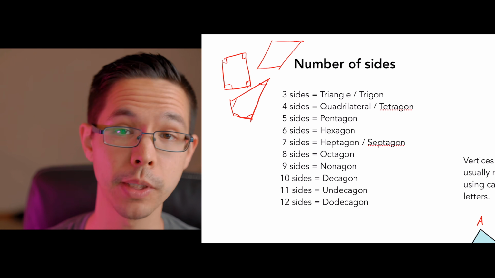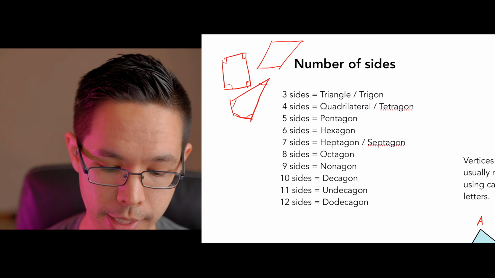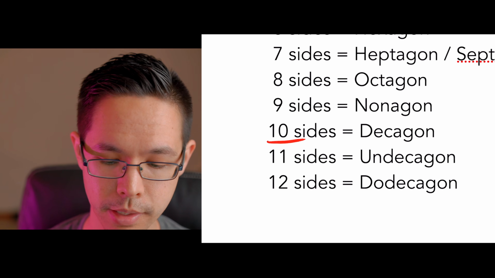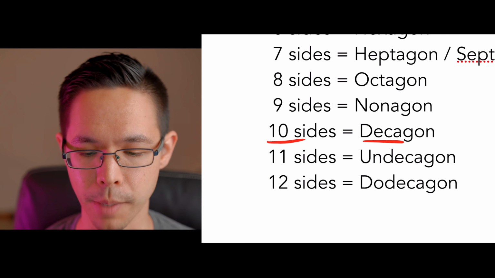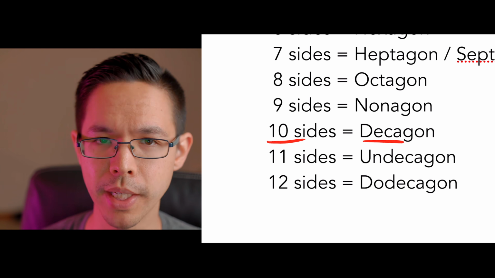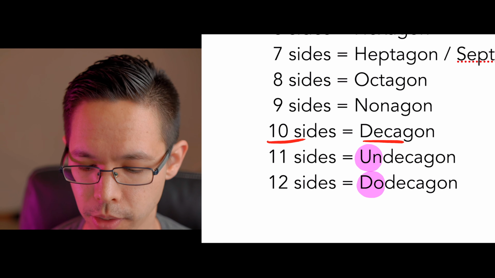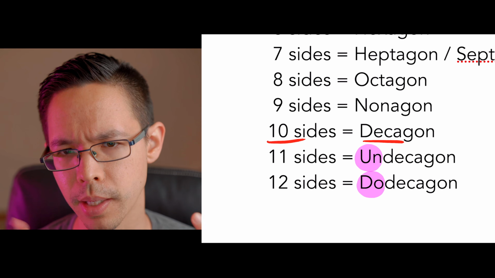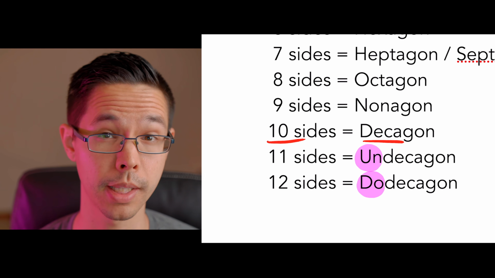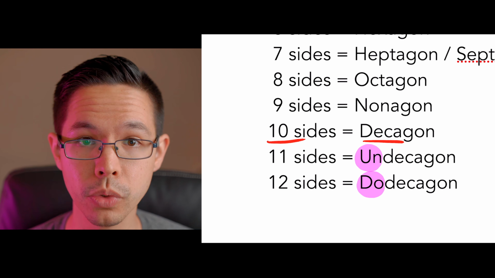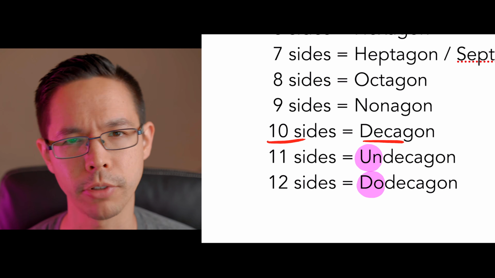If we've got 5 sides, it's a pentagon. 6 sides, it's a hexagon, and so on. As you get down to the bottom of the list, 10 sides is decagon. Deca as in decade for 10 years. Most people know that one. When we get above 10, we now have undecagon and dodecagon. So what's the deal going on here? Well, we had a bit of a debate as students in the classroom, and one of the students said that the prefix un comes from, he said Spanish, and another student said it's kind of like French as well.